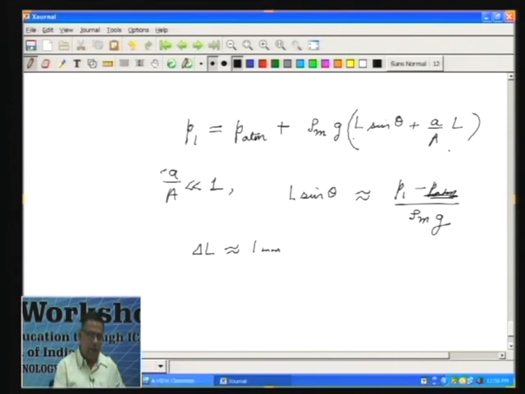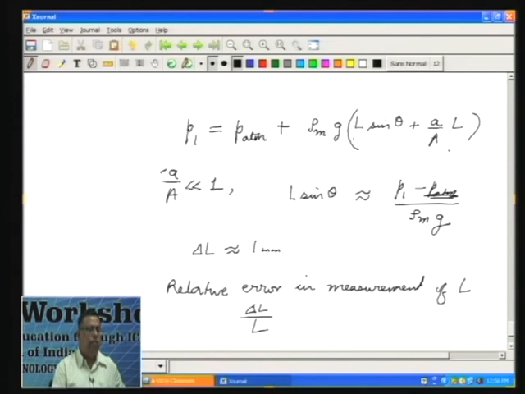Then you have a relative error in measurement of L, which you can estimate as delta L by L. So, you can see that if you want the relative error to be small, then your L has to be large.